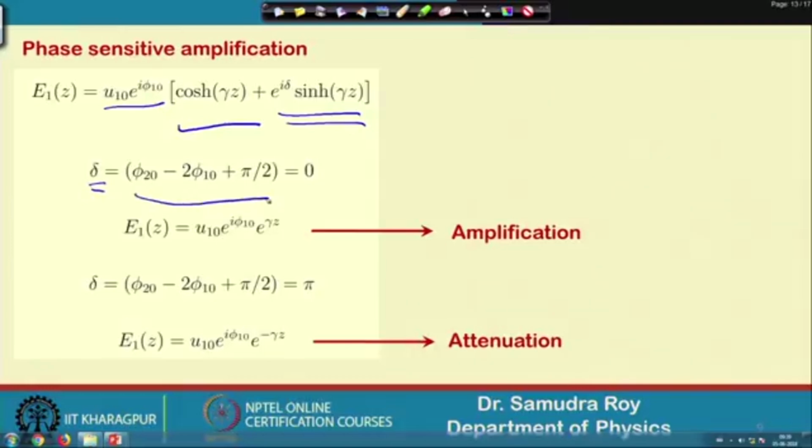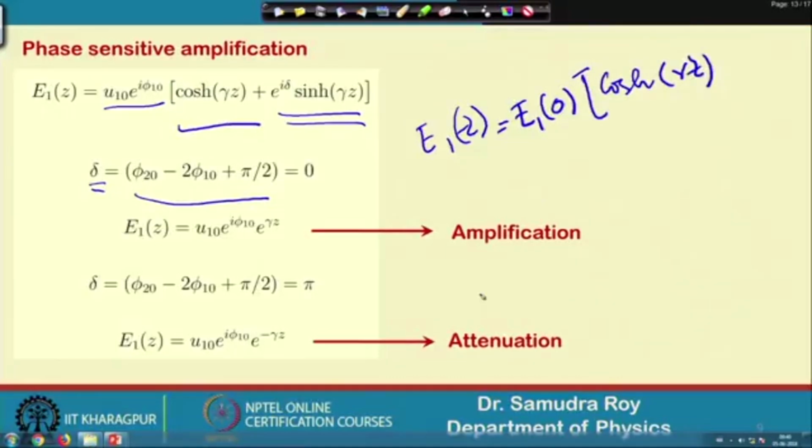Now, I put delta equal to two different values. In the first case, I put delta equal to 0. Then this quantity simply becomes E1 z equals E1 0, and then we have cos hyperbolic of gamma z plus, since delta is 0, sin hyperbolic of gamma z.